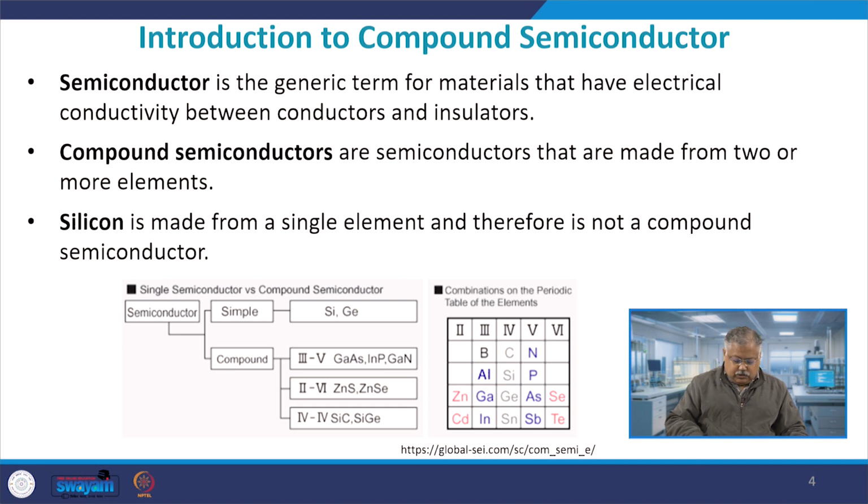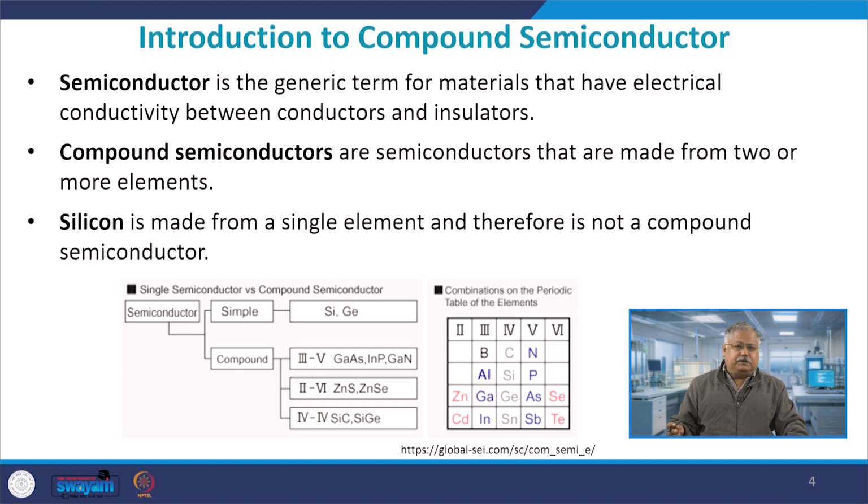Now, as you are aware, currently with this semiconductor mission underway, there has been a concentrated effort from industry, government as well as academia to move towards enabling our semiconductor ecosystem with self reliance, within which there are two basic areas in which work is going on, apart from many other areas. One is silicon, which we have been discussing with you for the past few weeks.